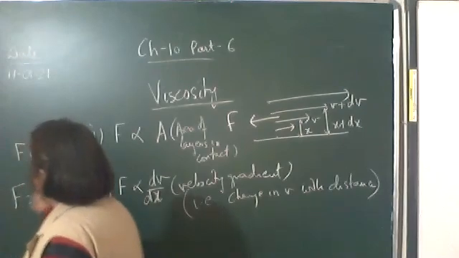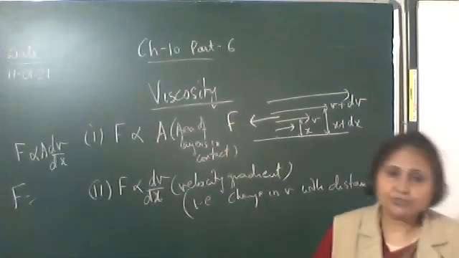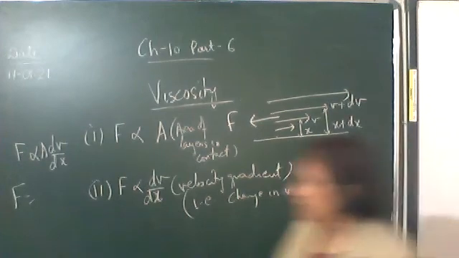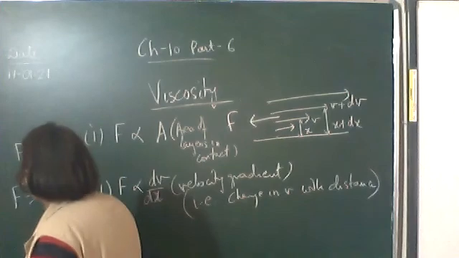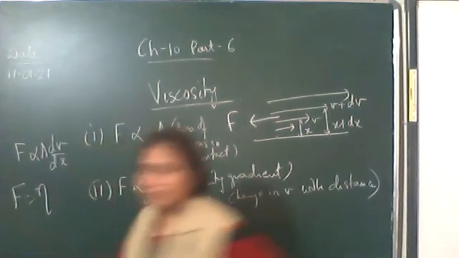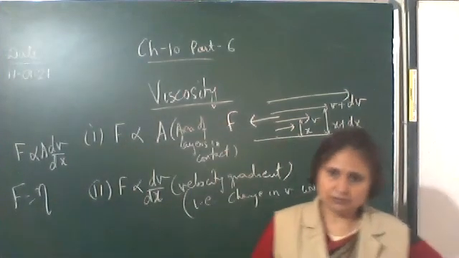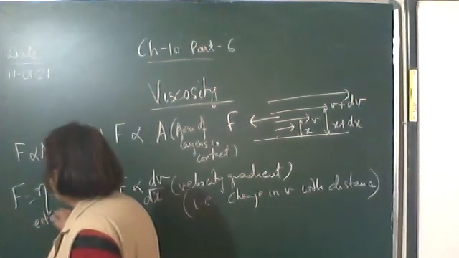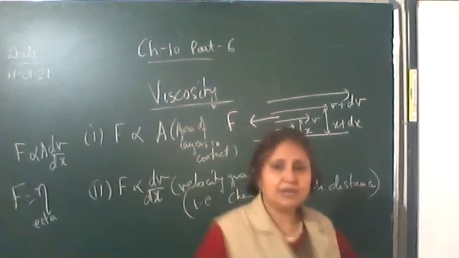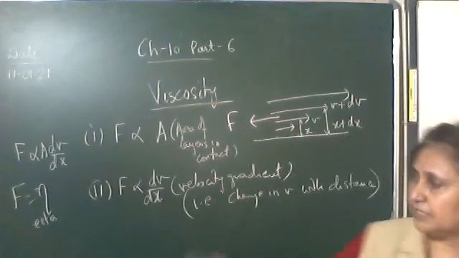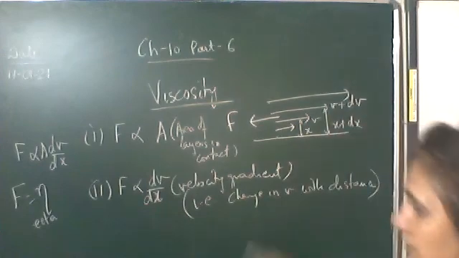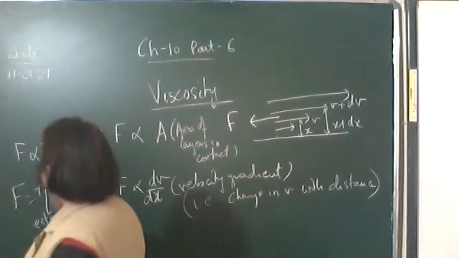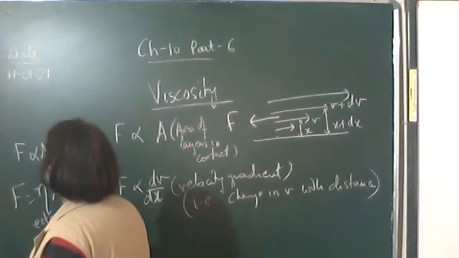When you remove the proportionality sign and equate, a constant of proportionality comes. Here the constant is represented by a Greek symbol called eta. Like alpha, beta, gamma, this symbol is called eta. So F equals eta into A into dv by dx.